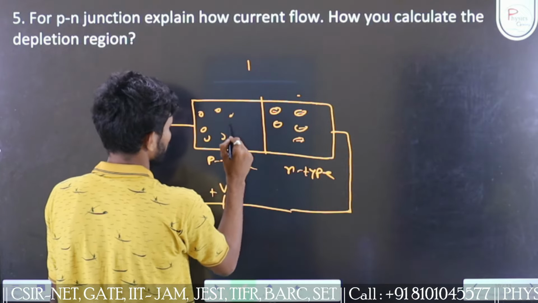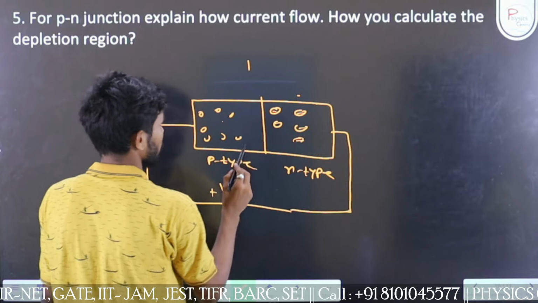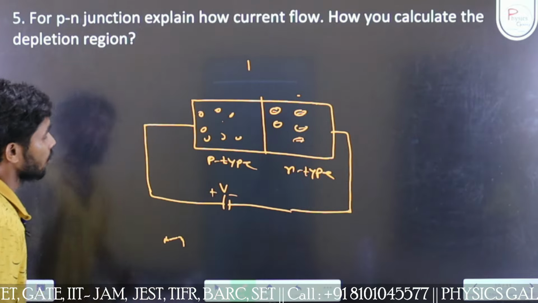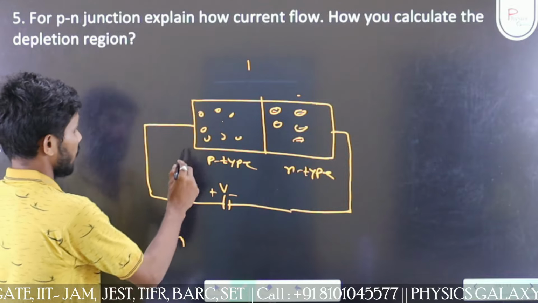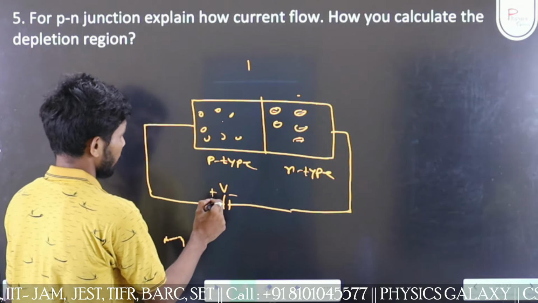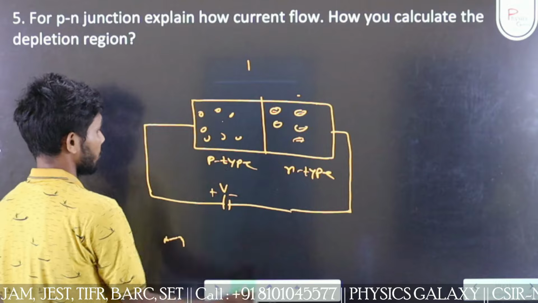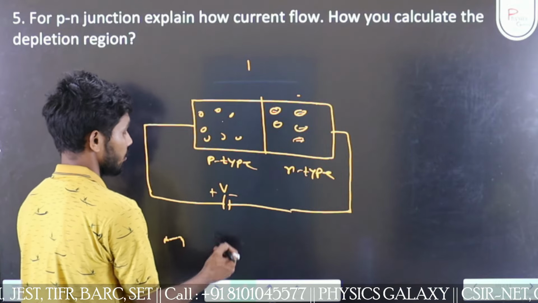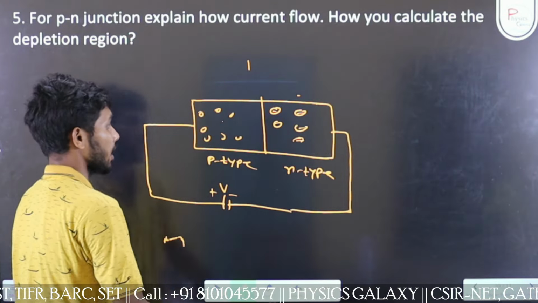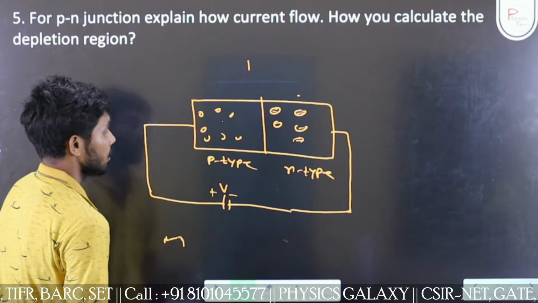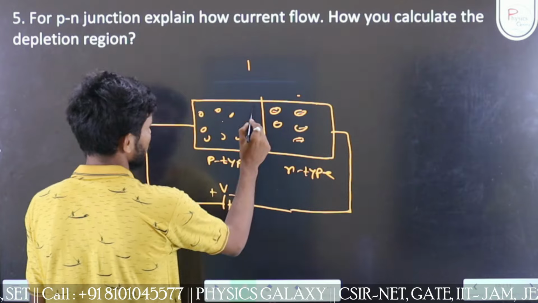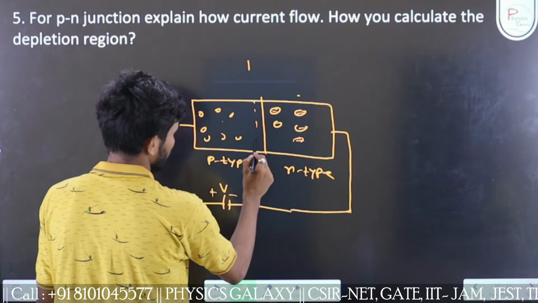These are the holes and these are the free electrons. The majority carriers will be pushed toward the junction.